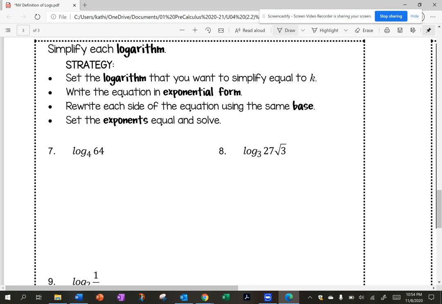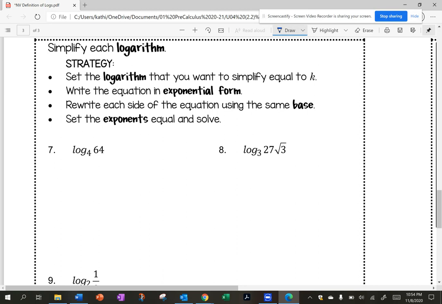Okay, so I start by setting this equal to k. And then I want to rewrite this in exponential form. So 4 to the k equals 64.